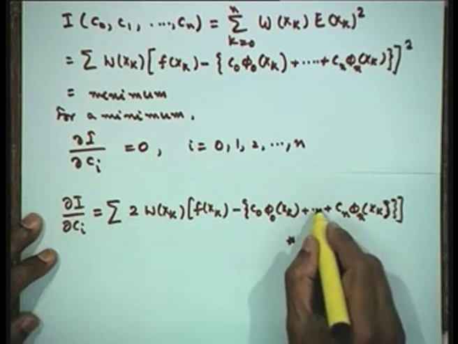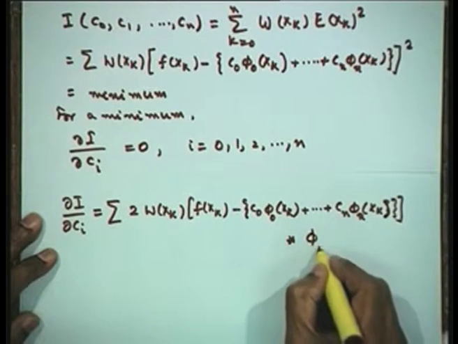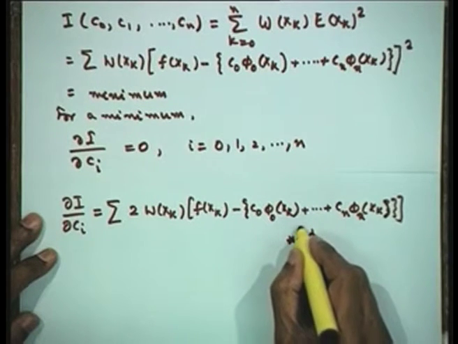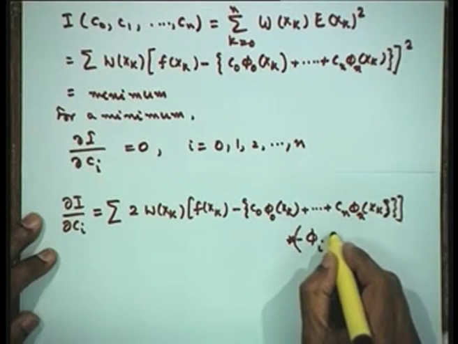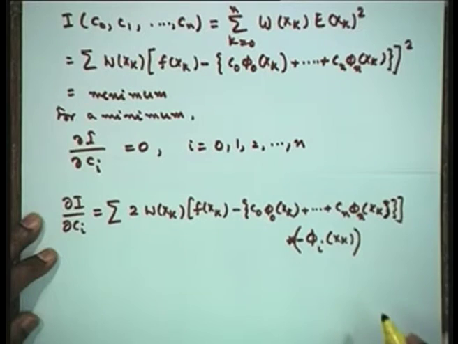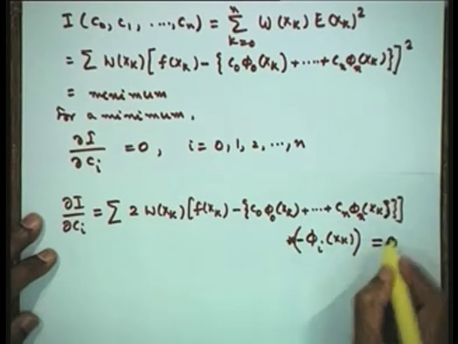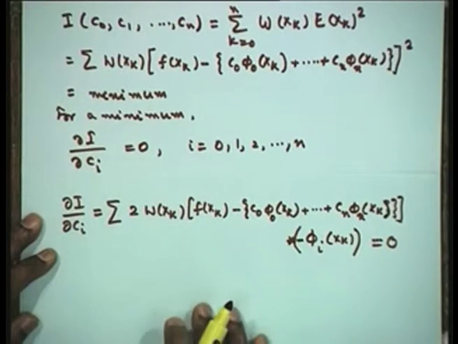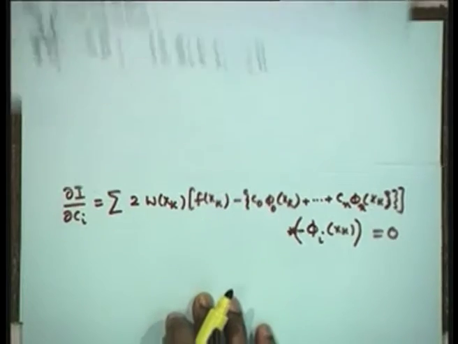Therefore, I will get phi i of x k as a multiplicative factor with a negative sign. Let us put it in a bracket, phi i of x k, and this should be equal to 0. Delta I by delta C i must be equal to 0.